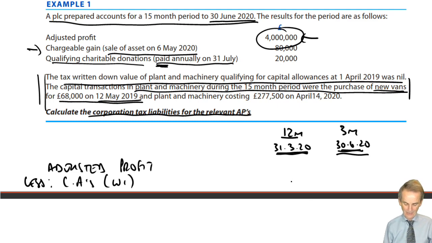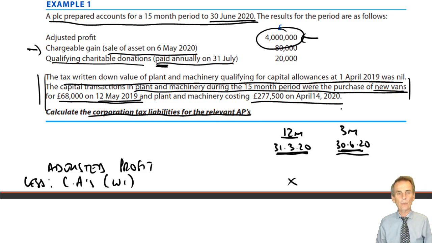The 12th of May 19, of course, falls into the 12 months to March 20, so it would be allocated to that particular period's capital allowance computation. £68,000 is a lot less than £1 million, and on that basis we have no problem. It's a full AIA of £68,000. But then the interesting one, on the 14th of April 2020, £277,500.